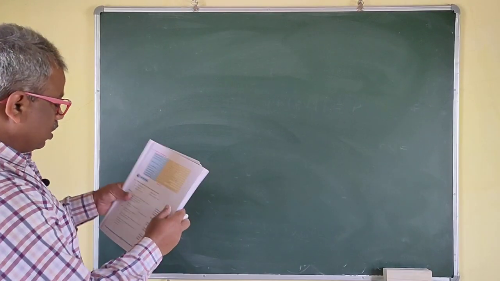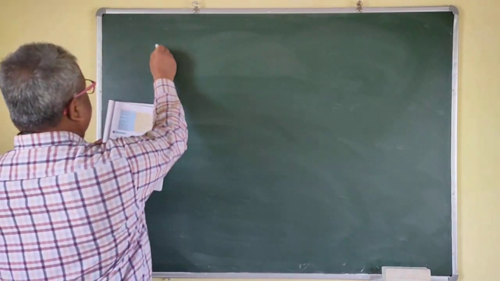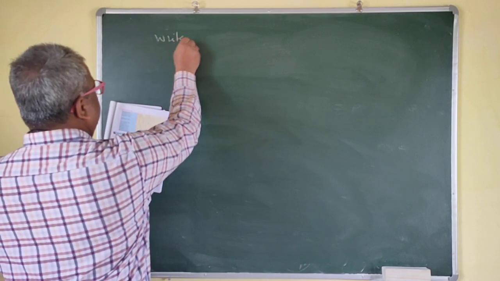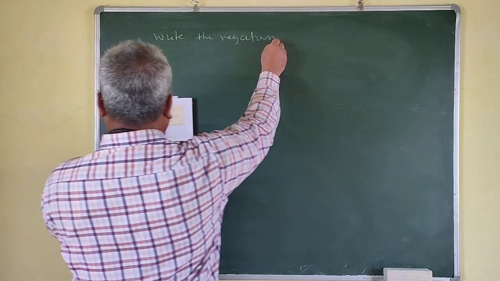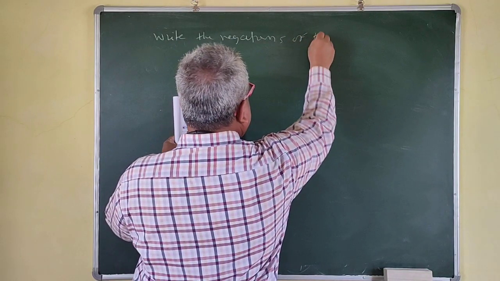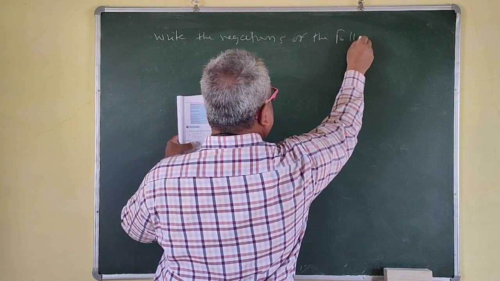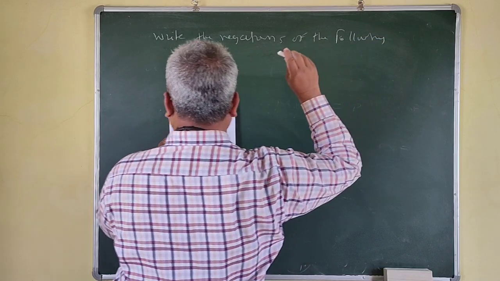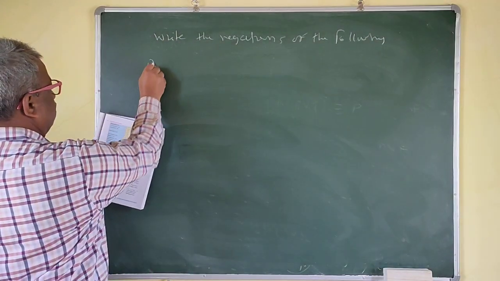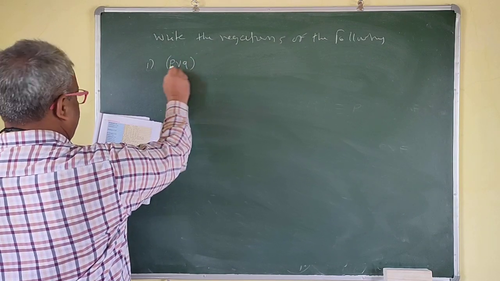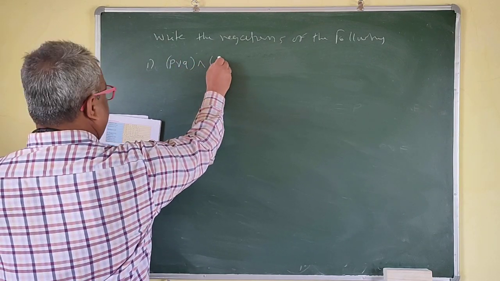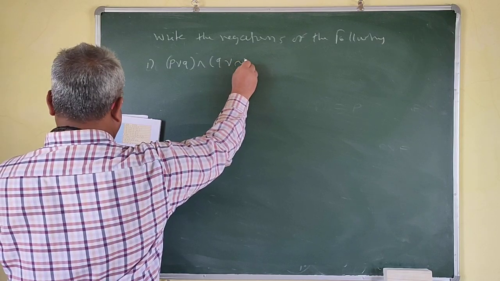Now we'll write the negations of the following. One: (P or Q) and (Q or negation R).